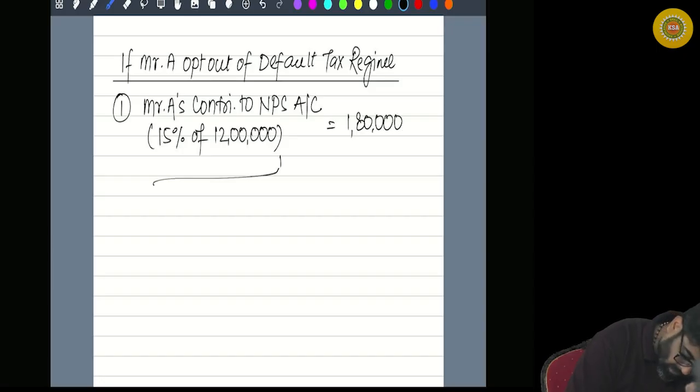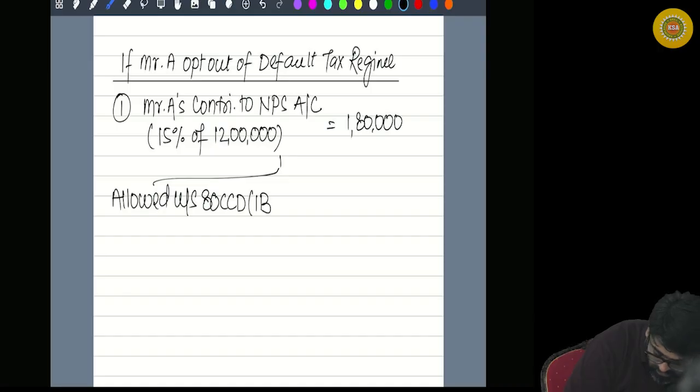Now, allowed under section 80CCD1B, how much? Rupees 50,000. Yes or no?